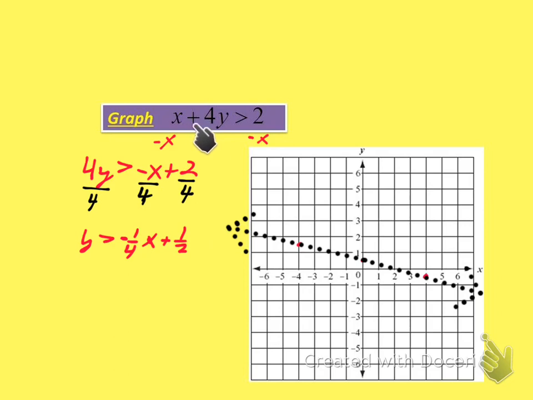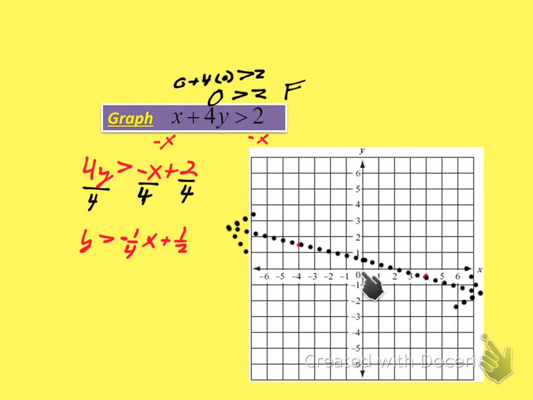All right, so 0 plus 4 times 0, greater than 2, so the left side becomes 0. So 0 greater than 2, true or false? That's false.